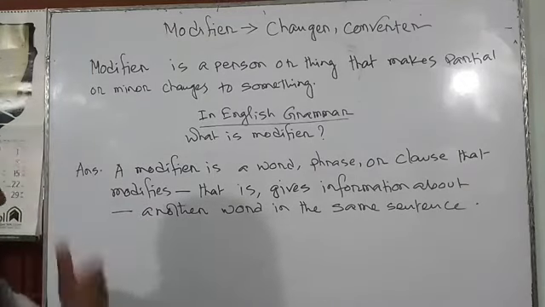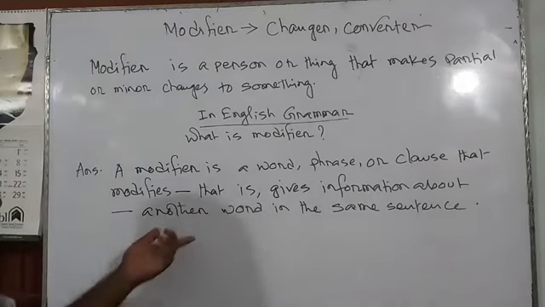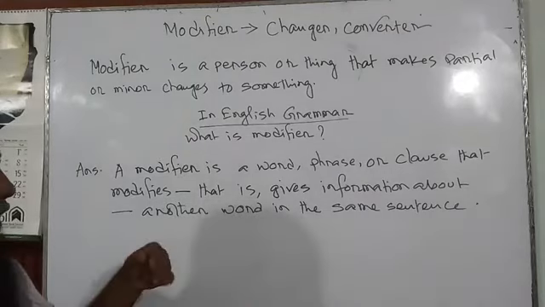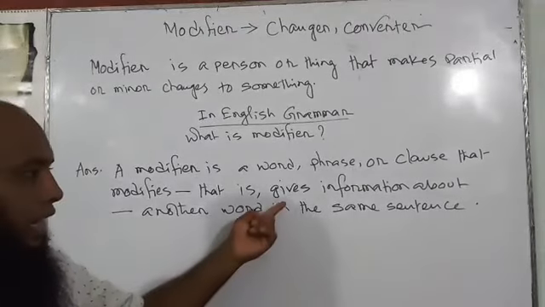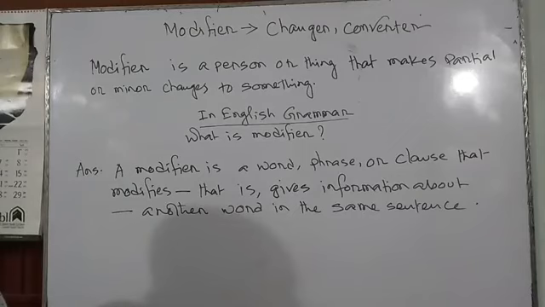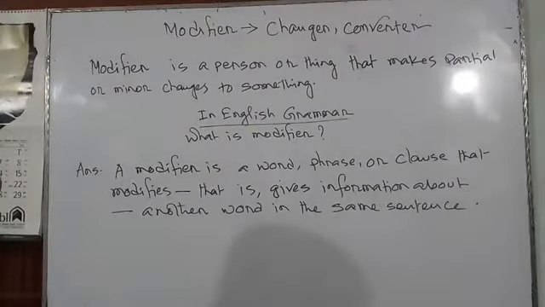That is, gives information about another word in the same sentence. So that means modifiers are those words that give information about other words in the same sentence. That is called modifier. I am giving you 20 seconds to write and then I will give you the example.